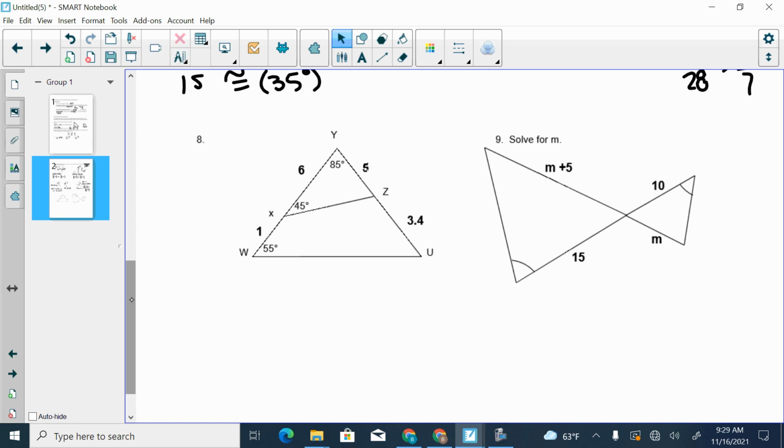Number 8. So in the top triangle, we can just add these two up, subtract from 180 to see if this third angle can help us out any. So if we do that, we end up getting that this angle must be 50 degrees by subtracting from 180.